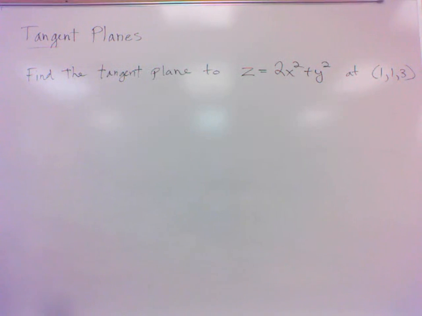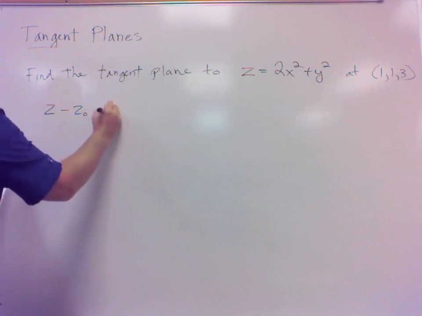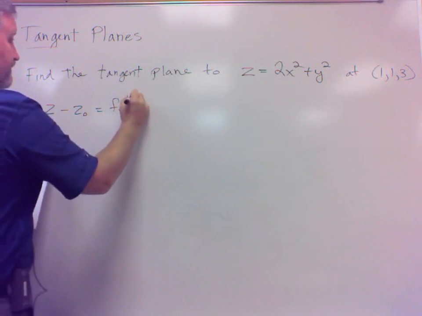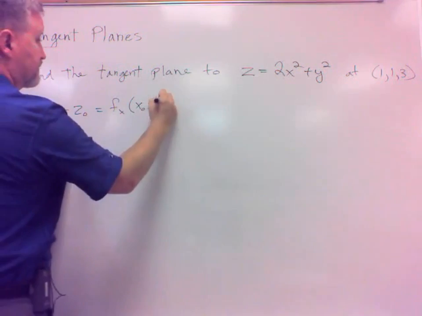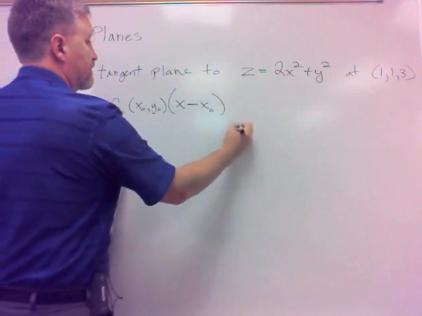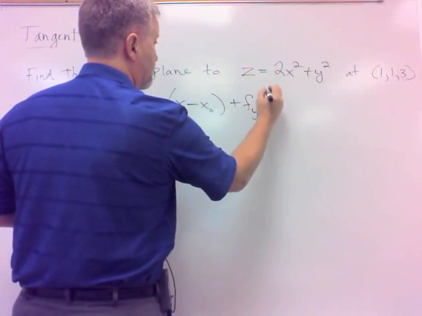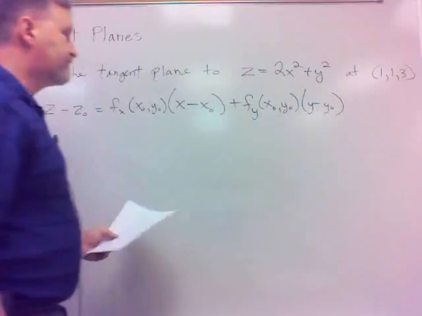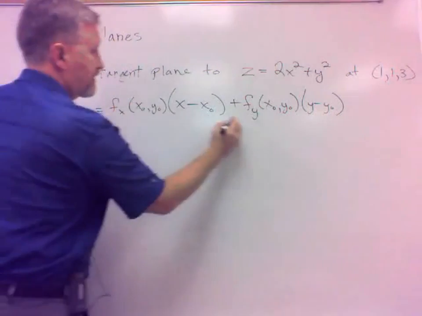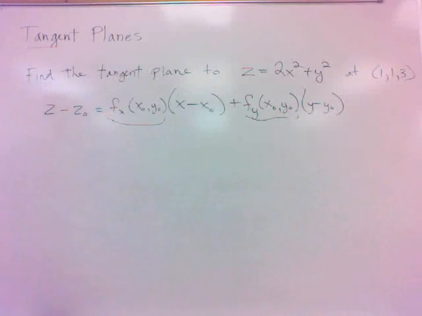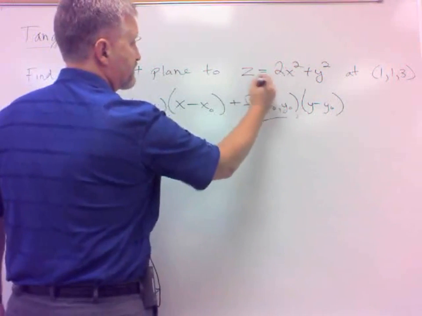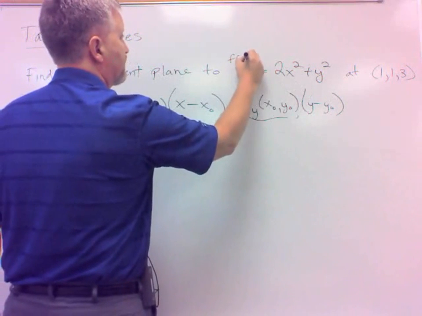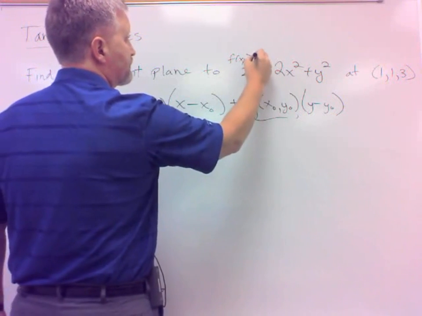All right, so we know for our tangent plane, we've got z minus z0 equals the partial derivative of f with respect to x at x0, y0 times x minus x0, plus the partial derivative with respect to y at x0, y0 times y minus y0. So to do that, we need these two things right here, the partial with respect to x and the partial with respect to y. And of course this is z equals, so we do have a function f of x, y, right?